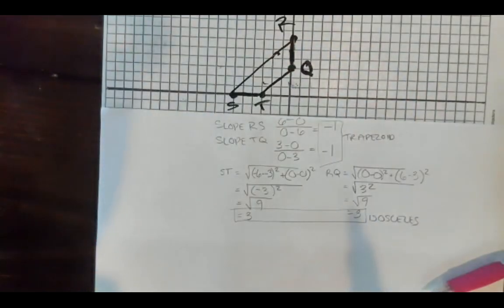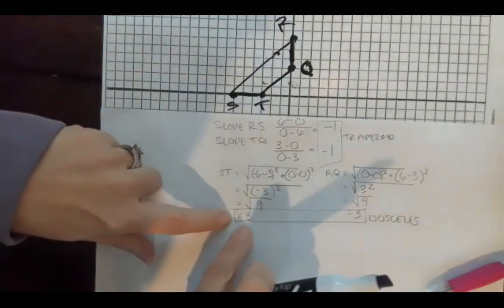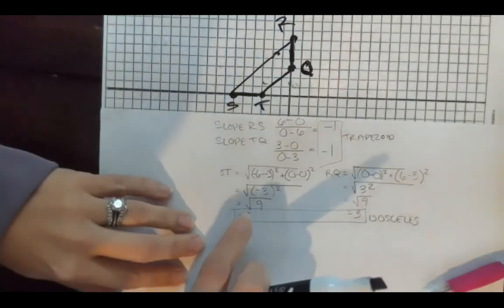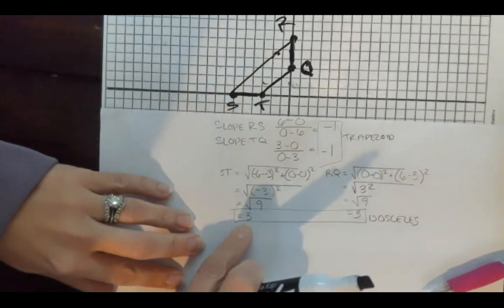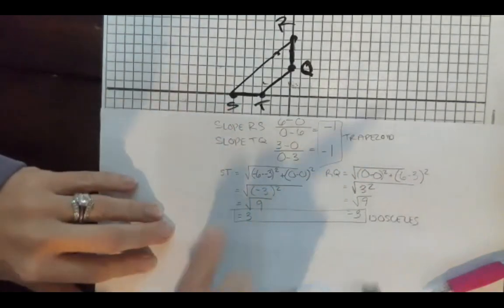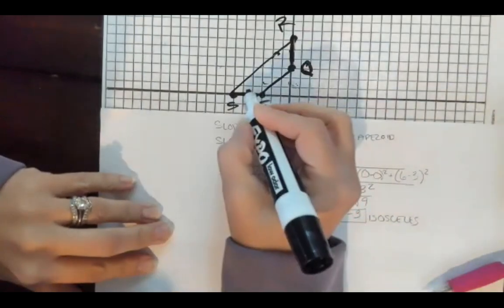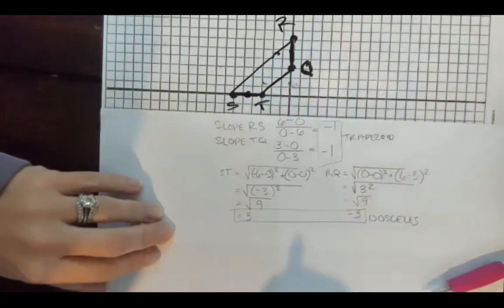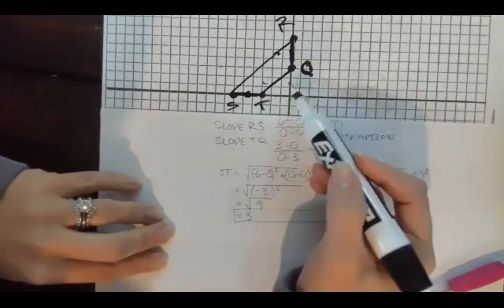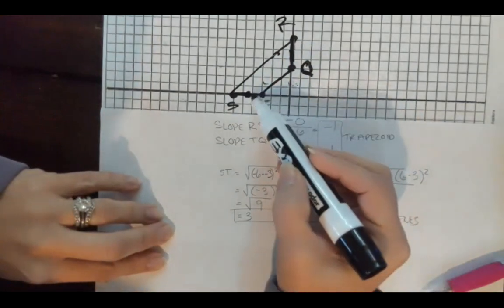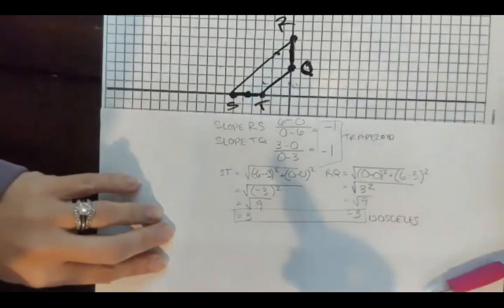All right. So the length of ST is 3. So if we're looking for the mid segment of that, yes, we can do midpoint formula. And we can do x1 plus x2 divided by 2 and y1 plus y2 divided by 2. And in doing that, we're going to get right there, which would be -4.5, 0.